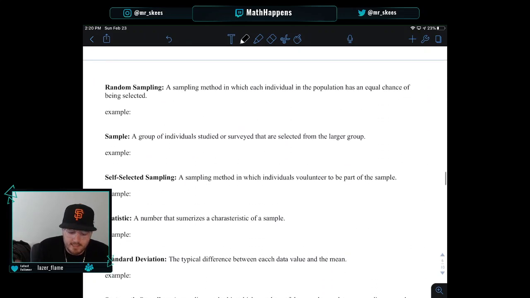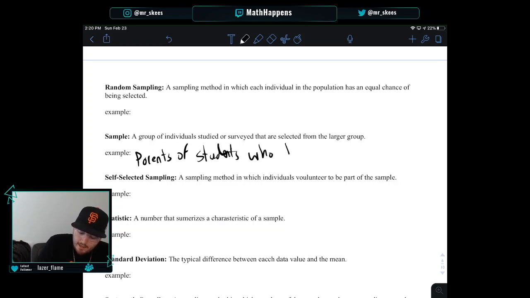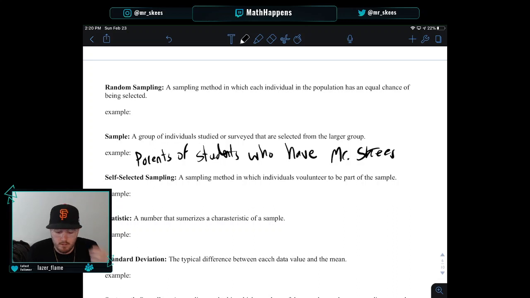And how about our sample could be parents of students who have Mr. Skis. So we can't possibly ask every single parent, but maybe we can address just my students' parents, right?